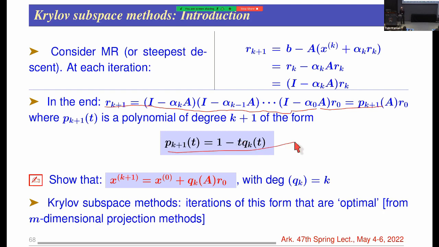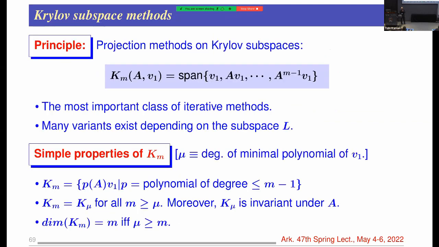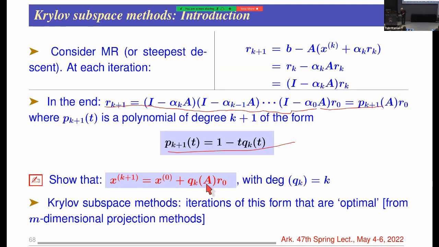Then you can show that x_{k+1} is x_0 plus a polynomial of A times r_0, and this polynomial here, Q, is exactly this one. That's not very hard to show. So that brings us to Krylov subspace methods, because this is one particular polynomial that we used, and each of these is only based on the previous iterates.